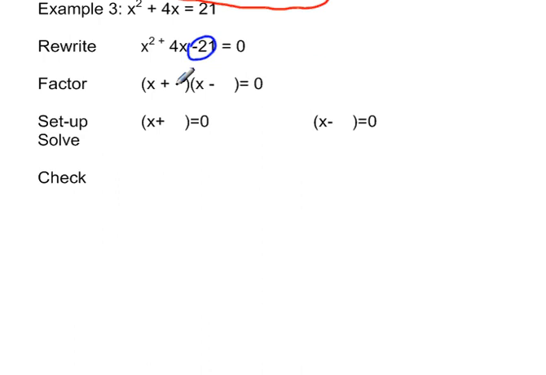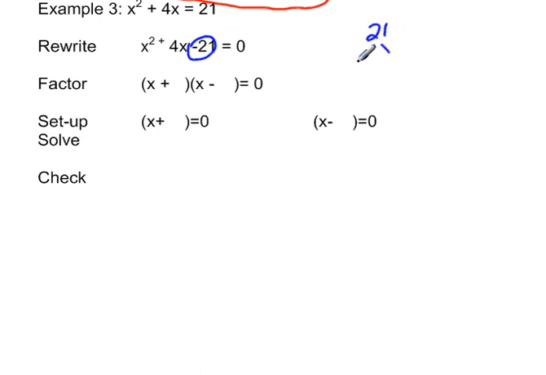Alright, so I know I had a plus and a minus. My middle number is a positive number, so I know that the largest of the two factors must be the positive. So which factors of 21 have a difference of 4?